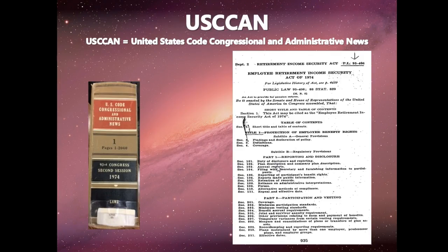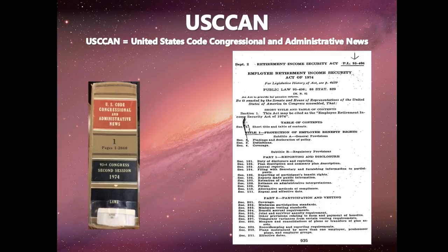Another planet you'll find our hero on is called USCAN, or United States Code Congressional and Administrative News. And don't worry, nobody's going to ask you to remember that or even say it. But you do want to remember USCAN, and the reason for that is you will find citations to USCAN both in cases and in law review articles.